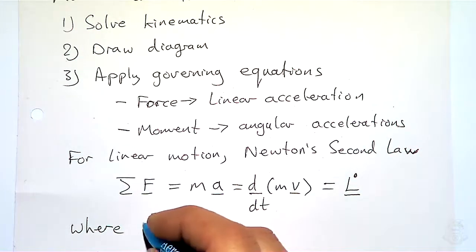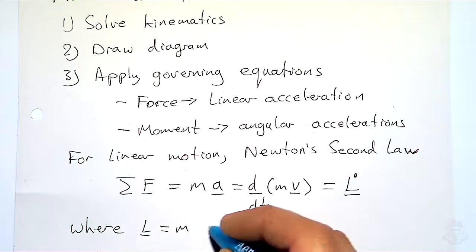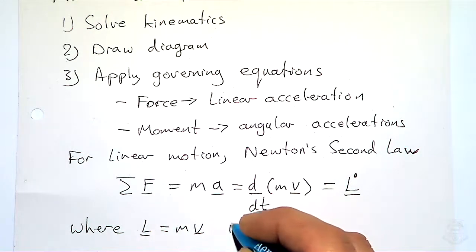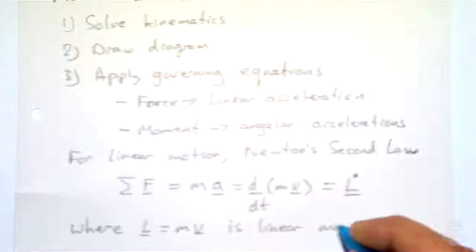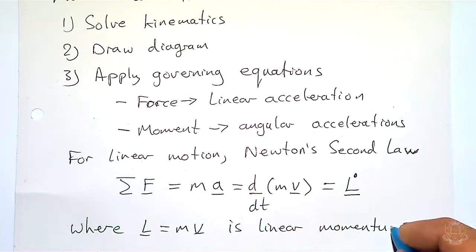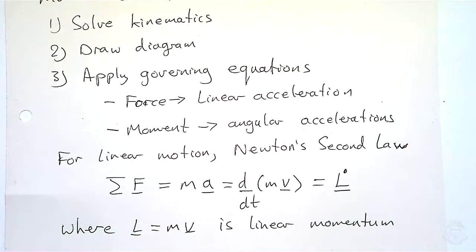So if we say where L equals m times v is linear momentum, so that's linear momentum.